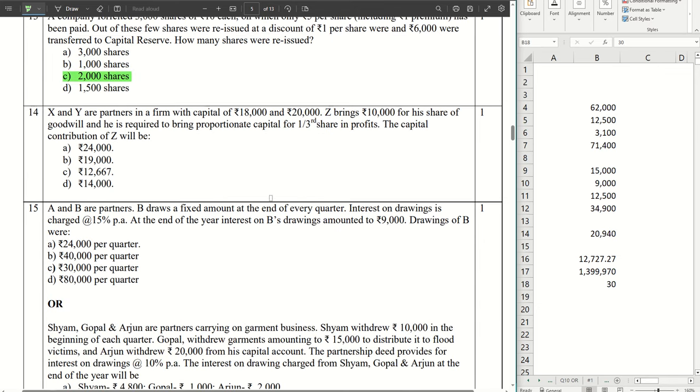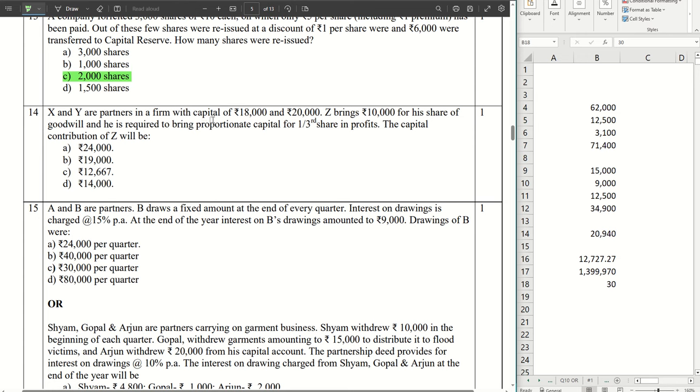Alright, let's move on to 14. X and Y are partners in a firm with capital of 18,000 and 20,000, right? Total is 38,000. Z brings 10,000 for his share of goodwill, and he is required to bring proportionate capital of 1/3 share in profits. The capital contribution of Z will be how much? So 18,000 and 20,000 are there. Then Z brings 10,000. This also gets distributed among the old partners in their sacrificing ratio.